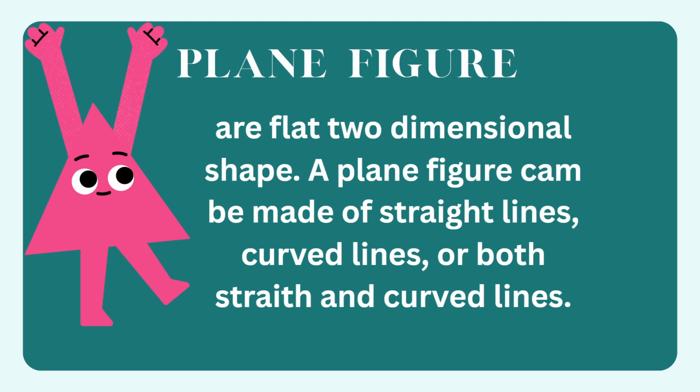It only has two dimensions: length and width. That means it doesn't have any thickness or height. You can draw a plane figure on paper and it stays flat. It doesn't pop out or stand out.